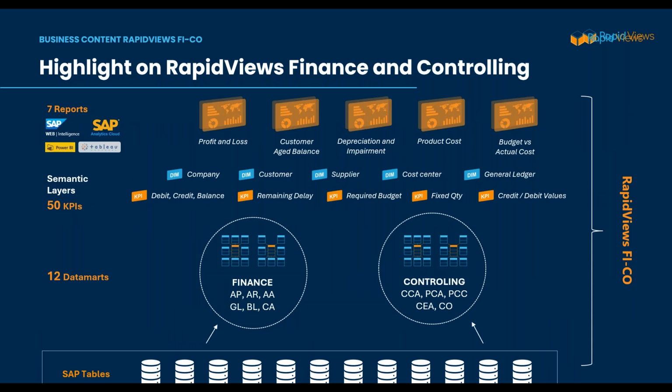On finance and controlling, we are covering everything. We've got about 12 data marts, 50 KPIs, and about 7 samples of reports.